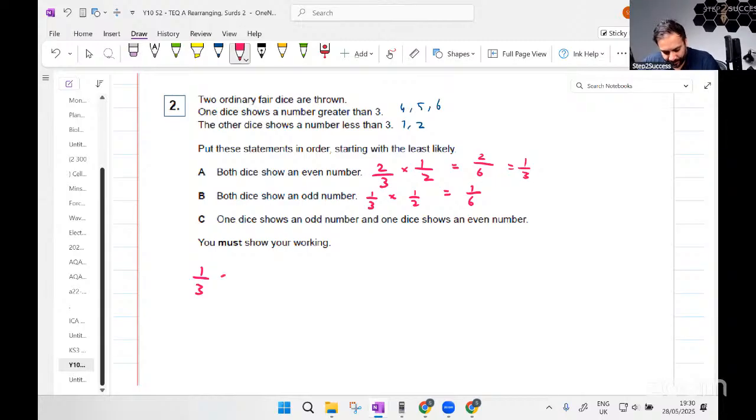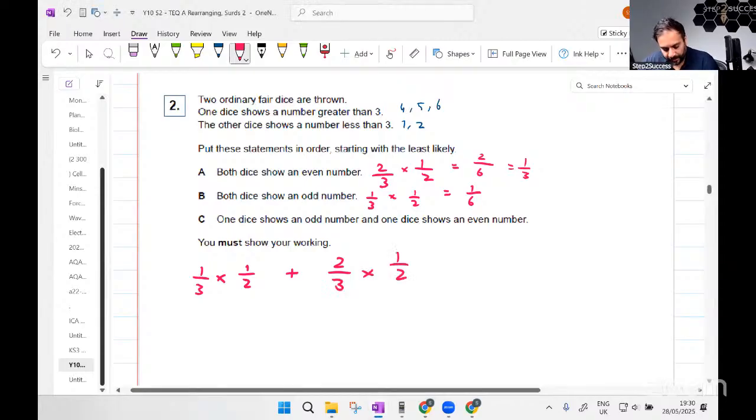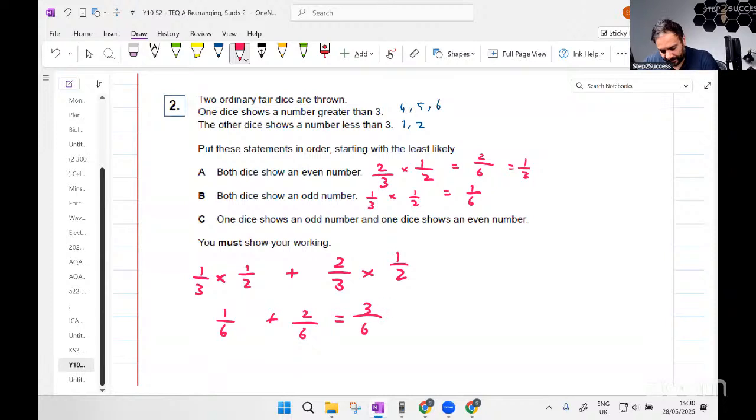And the other one showing an even number is one out of two. Or it could be the other way around. You could have the first dice showing an even number, which would have been two out of three, and the second dice showing an odd number, which is one out of two. That is 1/6 plus 2/6, which is 3/6, which is a half.